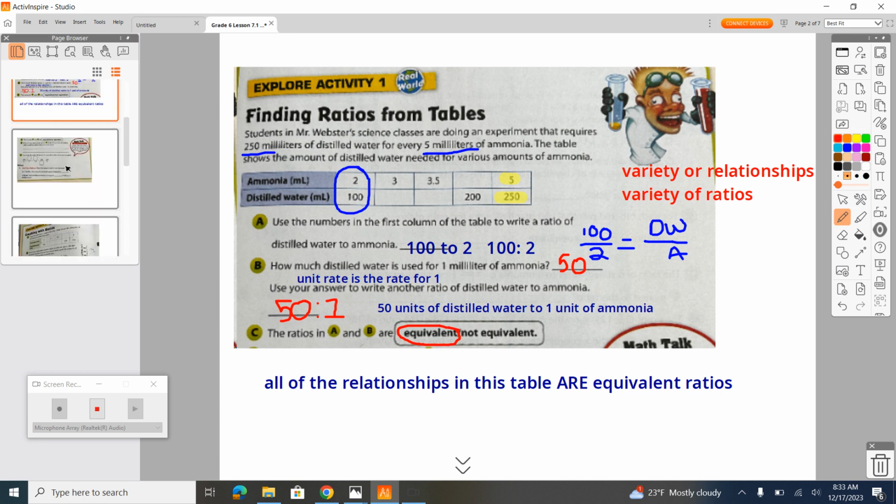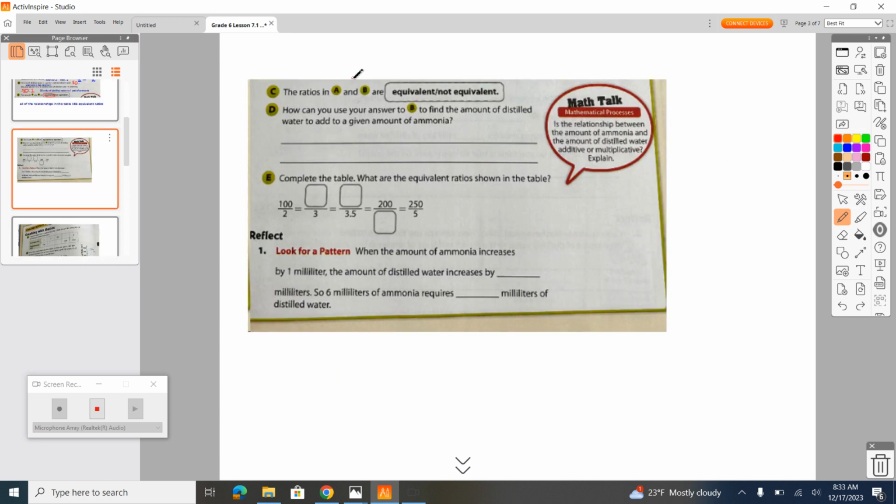So we just said the ratios in A and B are equivalent. How can you use your answer to find the amount of distilled water to be added given the amount of ammonia?